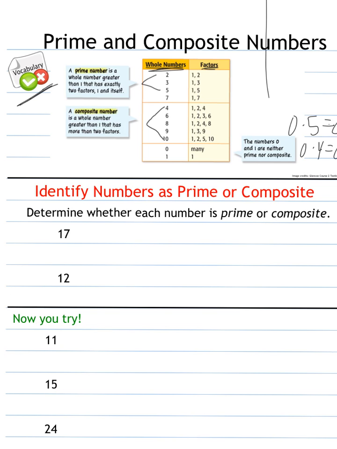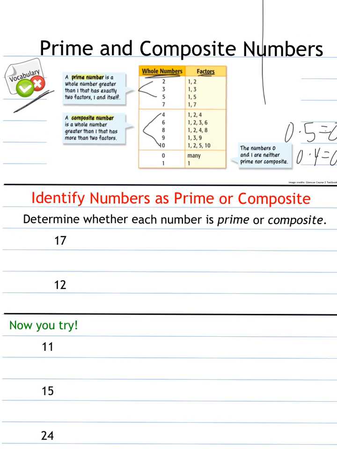Now we're going to try some examples to determine whether each number is prime or composite. Our first example is 17. We have to start by listing the factors of 17. Well, I know that 1 and 17 can multiply together to equal 17.